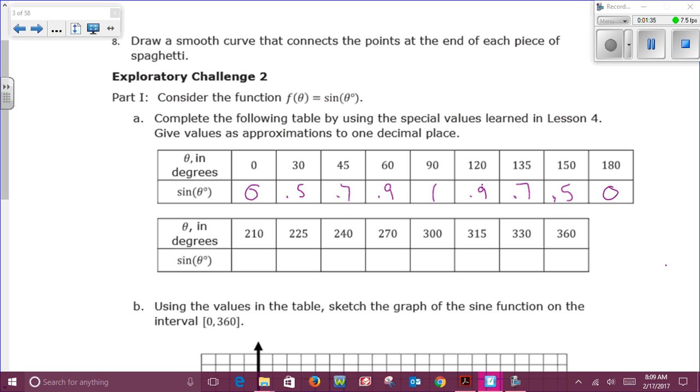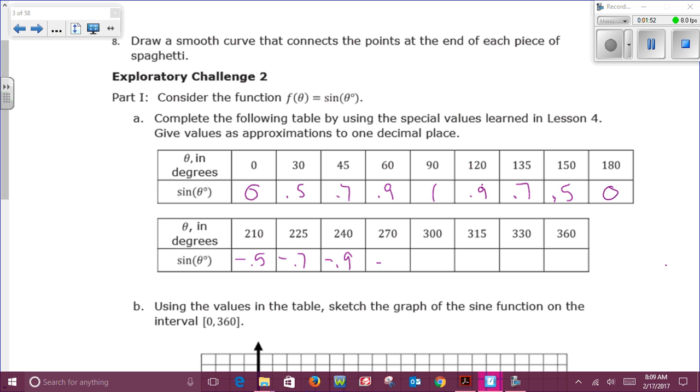Then I'm going to go down to 210. 210 has a reference angle of 30, but I'm in quadrant 3, so it's negative. And then 225 has a reference angle of 45, but again, quadrant 3, so it's negative. 240 has a reference angle of 60, quadrant 3, negative.